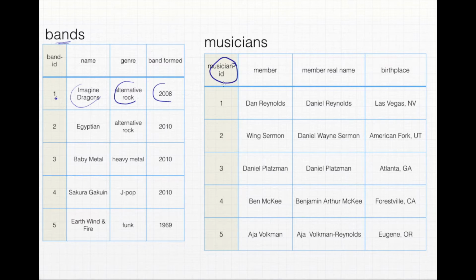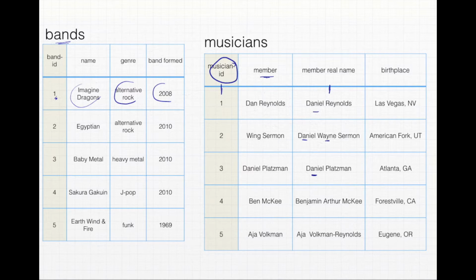And then musicians, I have primary key musician ID. I have the member's name. Sometimes people go by names that are different than their real name, so I have this column real name. So happens to be in Imagine Dragons there are three Daniels, which you'd think would be confusing. So they go by different names. We have Dan, Daniel, and Wing. Wing takes Wayne, the middle name here. So I keep track of the real name, the birthplace.